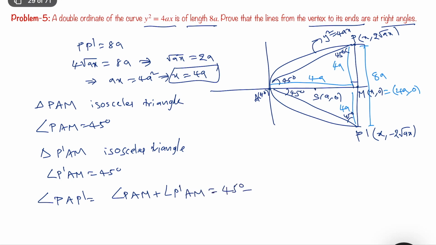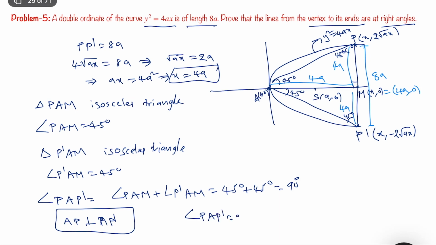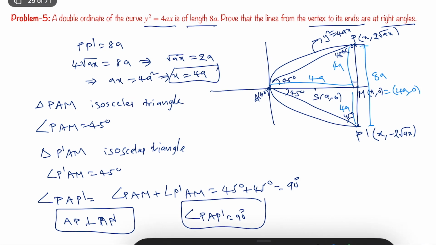This is 45 plus 45, that is going to be 90 degrees. Therefore the lines from this vertex to the ends of the double ordinate, P is one end, P' is another end, so this AP is perpendicular to AP', because we have angle PAP' equal to 90 degrees.